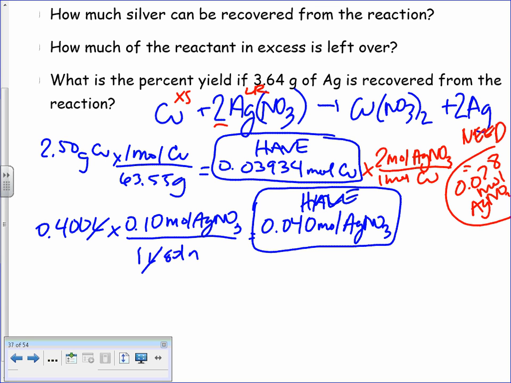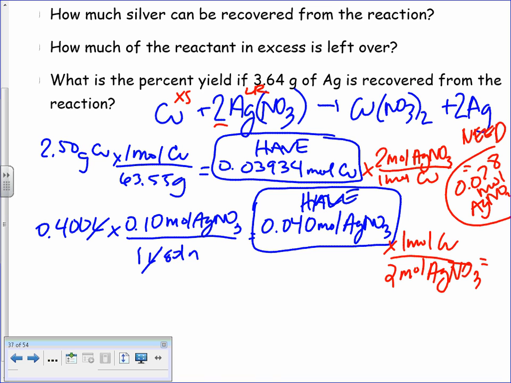So how would I adjust this to see how much I needed of the opposite reactant, the copper? So flip the ratio, right? So I did 2/1. Now I'm going to do 1 mole of copper required for every 2 moles of silver nitrate. Sorry, I'm writing this kind of down here. I'm running out of space.